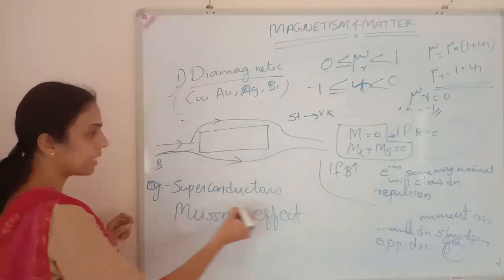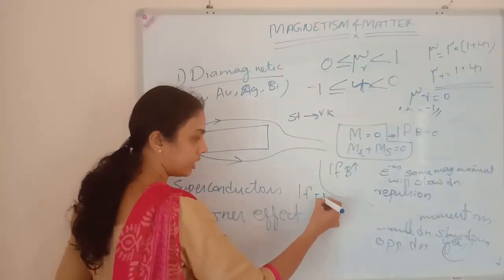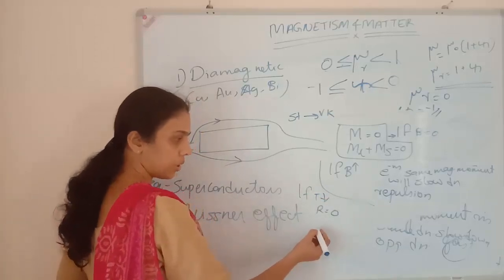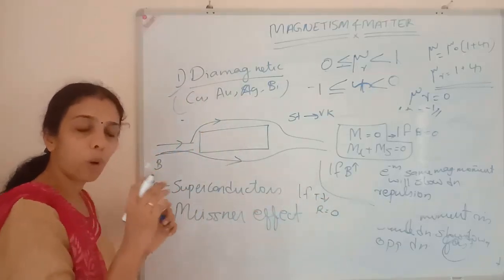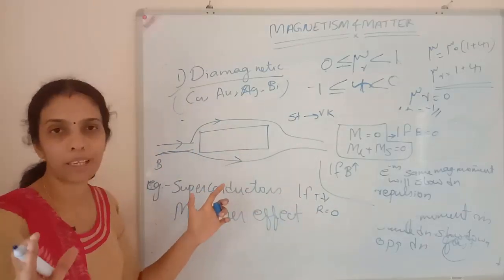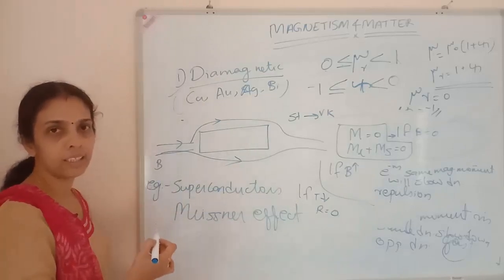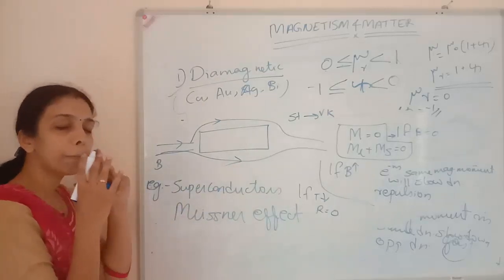If we are reducing the temperature, what will happen? R is equal to 0. If resistance is equal to 0, the magnetism will be fully repelled for the superconductors. That is complete repulsion.